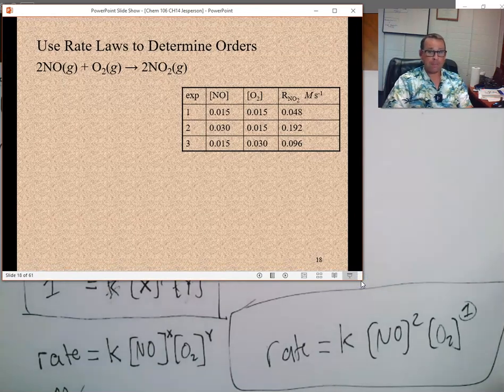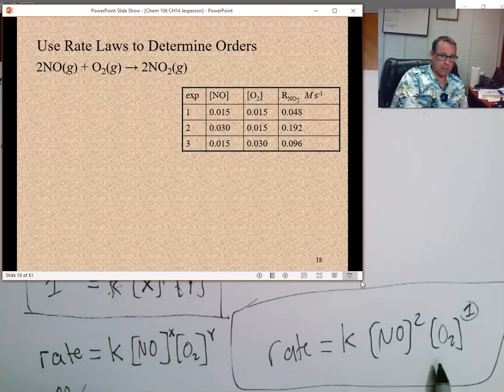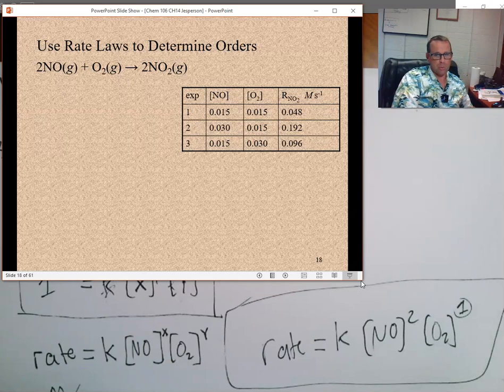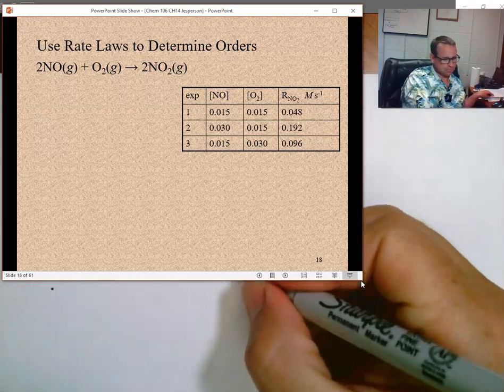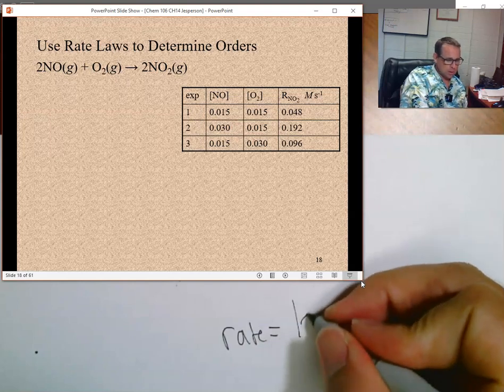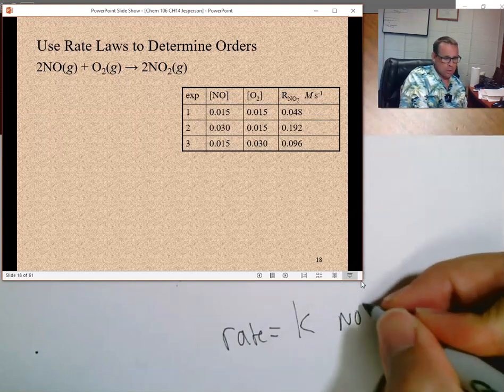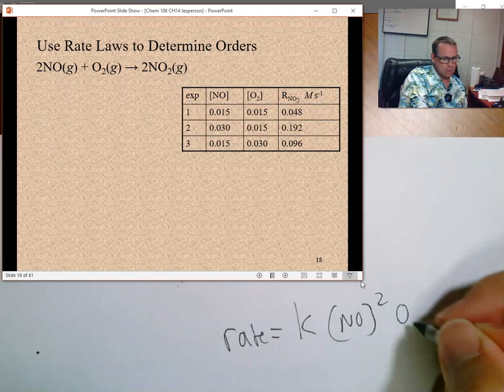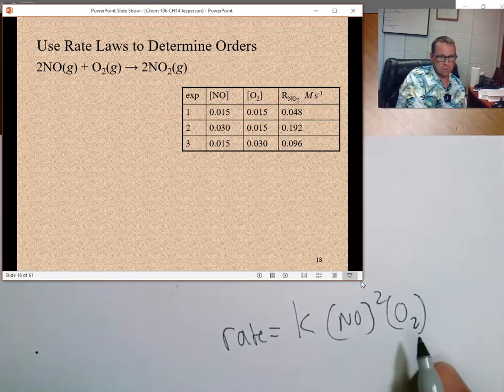But all we do now is once we have this rate law, rate equals little k times the concentration of NO squared times the concentration of oxygen.